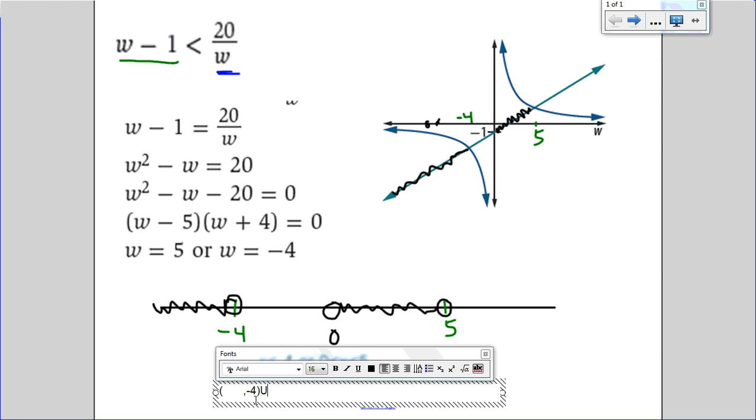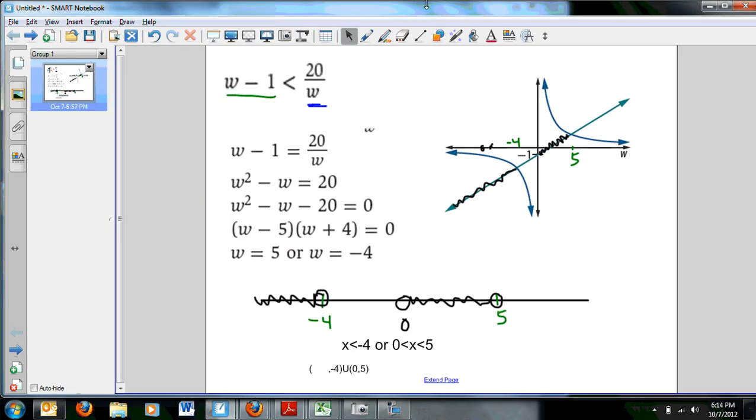I'm going to have a union, and then I'm going to have from 0 to 5. Again, all parentheses. So there's my negative infinity to negative 4, and then from 0 to 5.